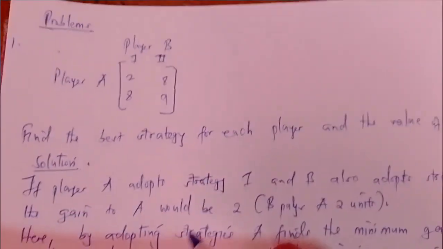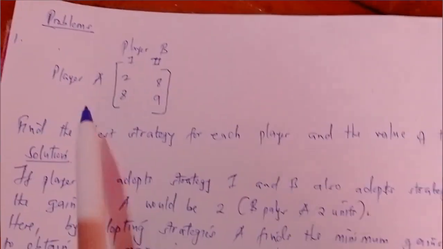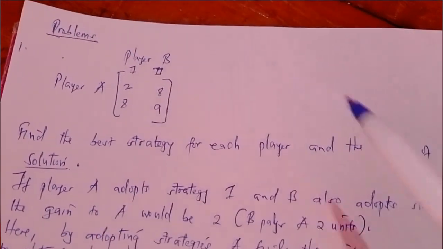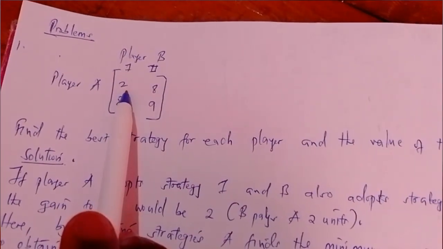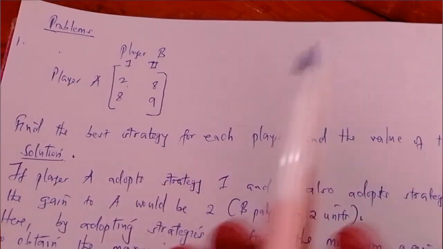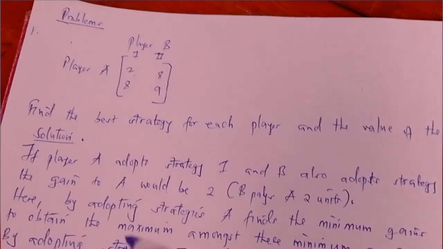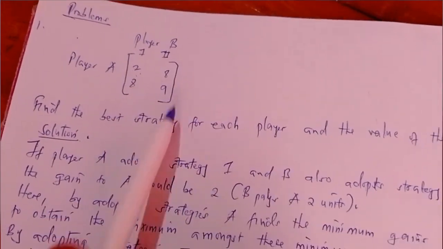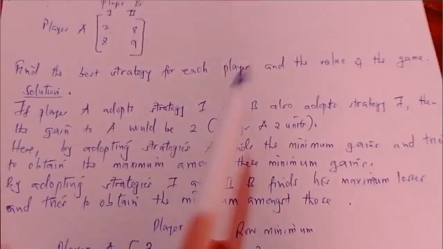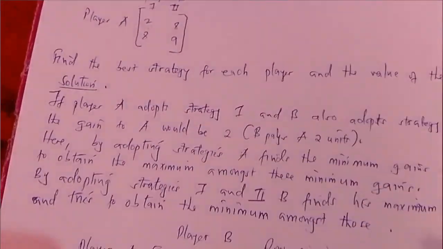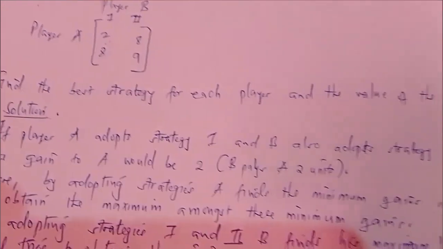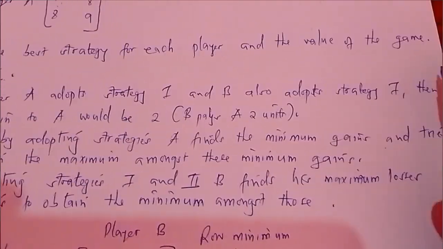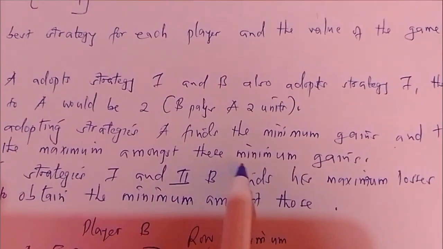The solution is here: if player A adopts strategy 1 and B also adopts strategy 1, then the gain to A will be 2. I mean B will pay A 2 units. Here, by adopting strategies, A finds the minimum gains and tries to obtain the maximum amongst these minimum gains.